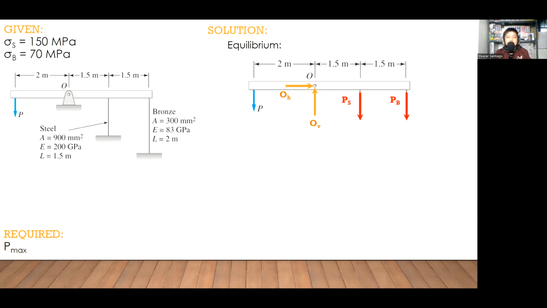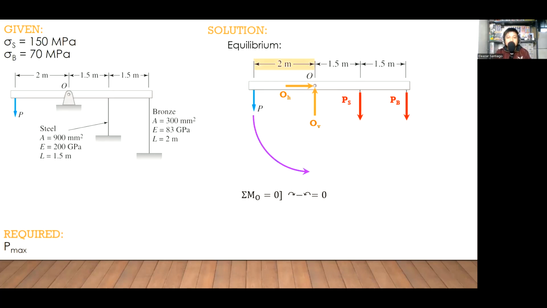In doing that, we need to sum moment at that point O, which is equal to 0. Therefore, the clockwise moments minus the counterclockwise moments is equal to 0. So let's take first the unknown P. The reaction of this P with respect to point O is counterclockwise.